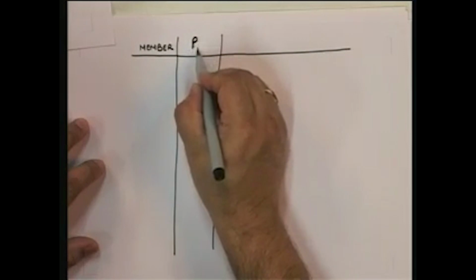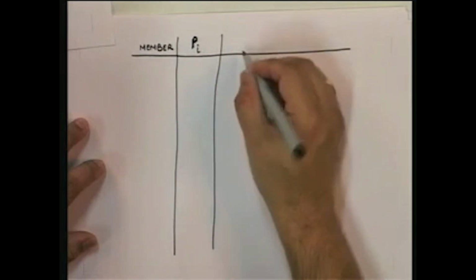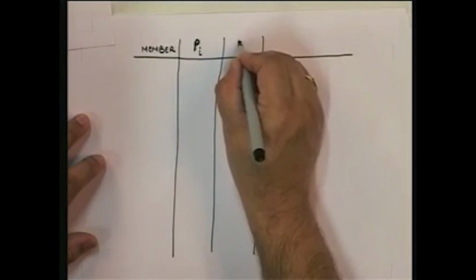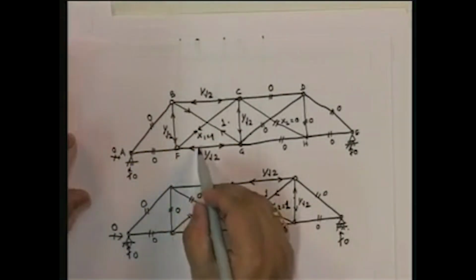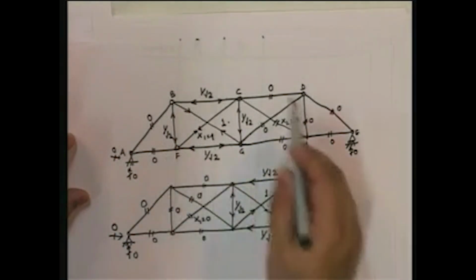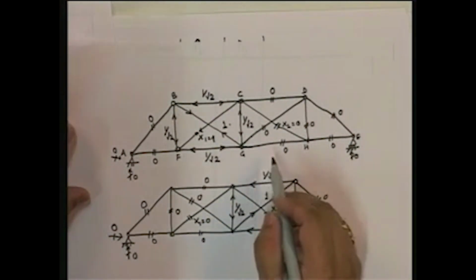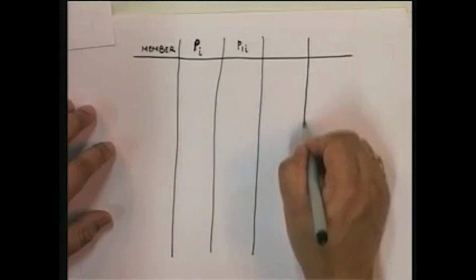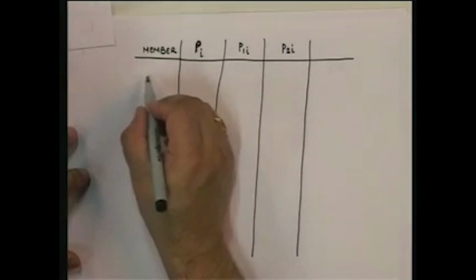This I am writing down is the actual force in members due to the loading. Okay. Then next I am going to write down, and I will call this P1I. This is the force that I have got in the members due to x1 equal to 1 and x2 equal to 0. So these are what I call P1I. I will explain to you why I call it P1I, and then this I will call P2I. So I am going to write it down as P2I, and let me write them all down.